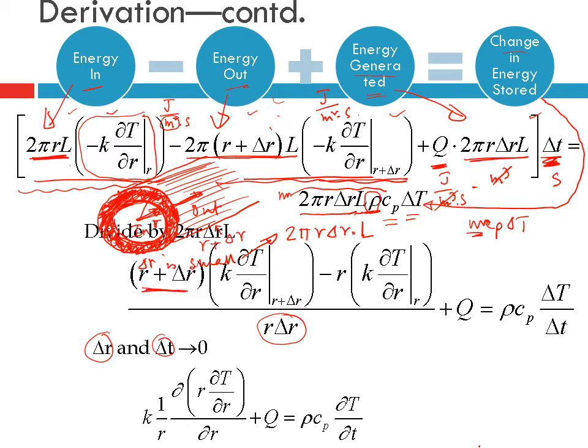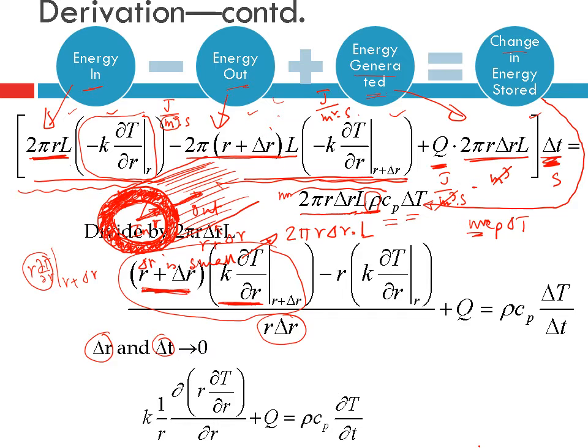We have something at R plus delta R times, this is like R at R plus delta R. So this quantity here is nothing but R del T del R at R plus delta R, right? Because if I evaluate this at R plus delta R, then first on this side we'll get R plus delta R term, and on this side we'll get del T del R at R plus delta R, okay?